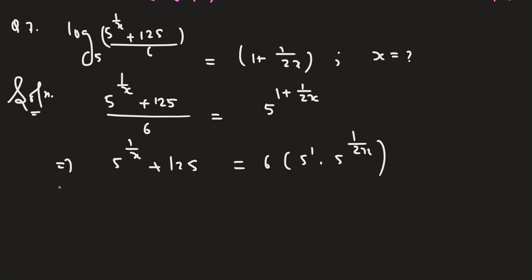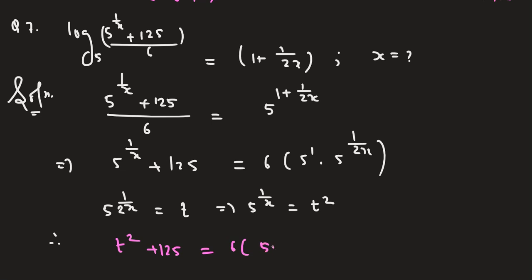Now here we consider 5 to the power 1 by 2x as t. So this will imply 5 to the power 1 by x is equal to t squared. So finally we have t squared plus 125 equals 6 times 5 times t.